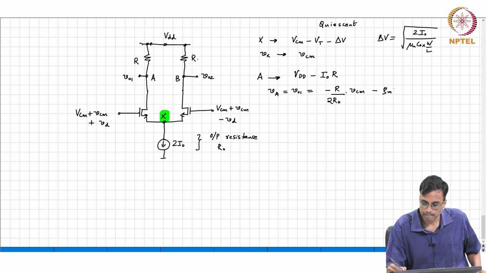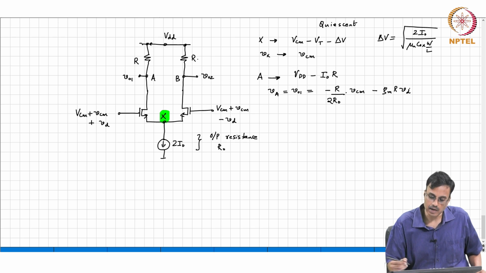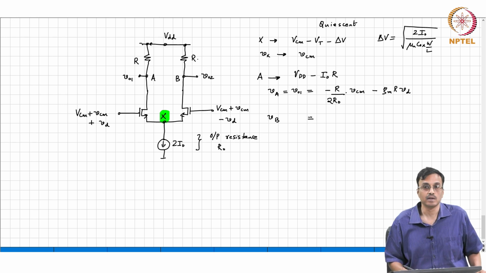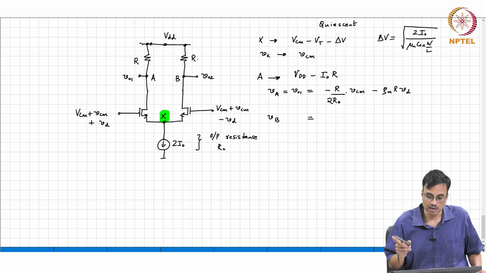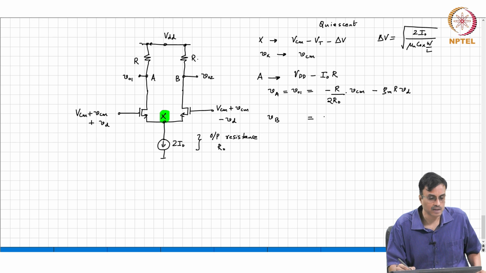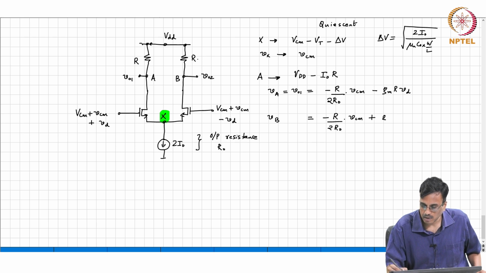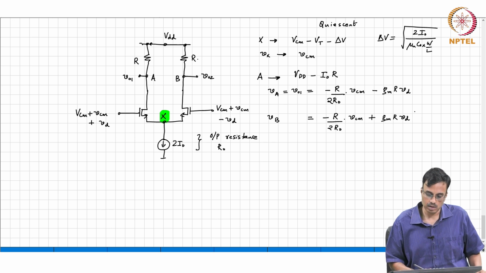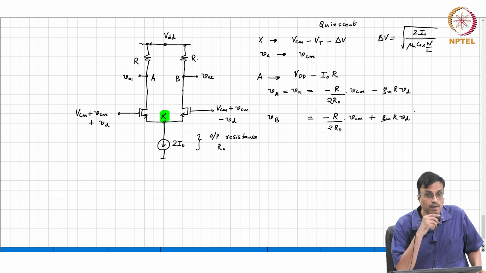Minus GM R VD. What about small VB, therefore, without just closing your eyes? The common mode voltage will be the same, plus the differential part. That makes sense, folks.